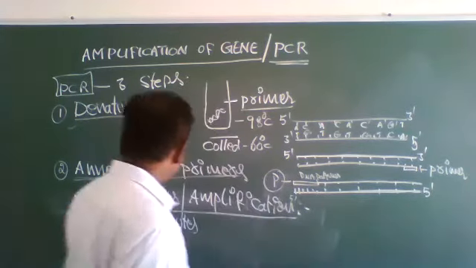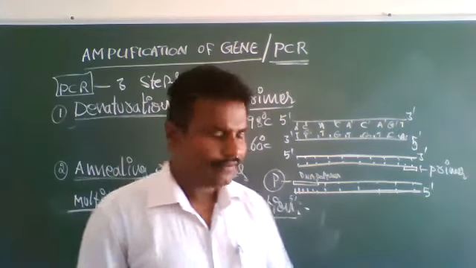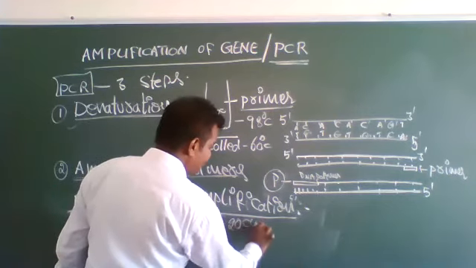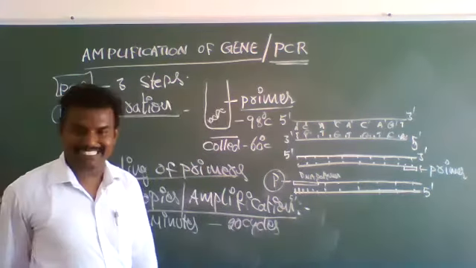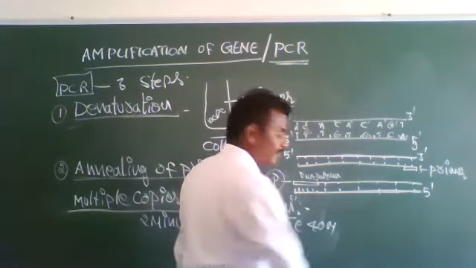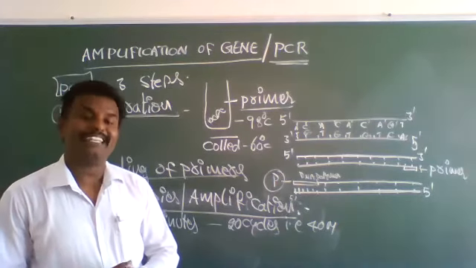Since DNA copies double every 2 minutes, within about 20 cycles, that is 40 minutes, the DNA copies become millions.